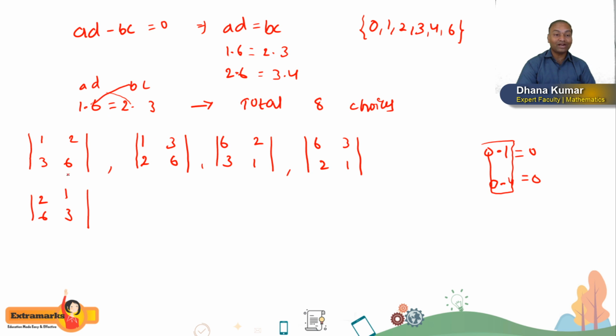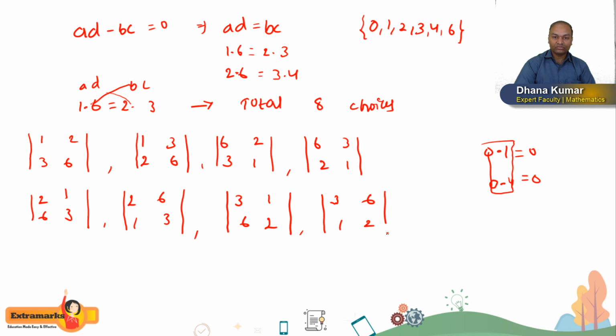Next 2 3, interchange these two, here 6, here 1. Next reverse these two, 3 2, 1 6. Next 3 2, here 6, here 1. Now how many possibilities? 8 possibilities. That is why I wrote 8 at the start.